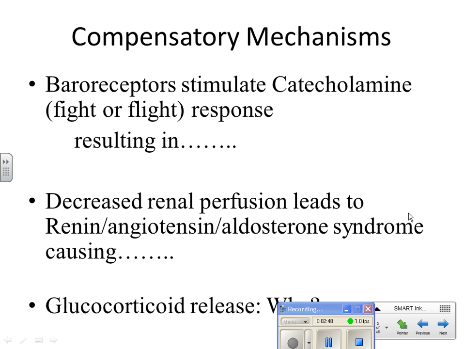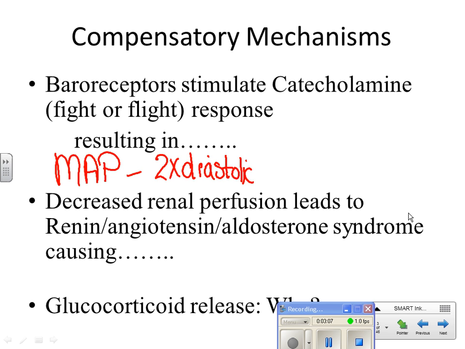Okay. Mean arterial pressure, and I'm not going to ask you to calculate that on an exam, you hear that very carefully on my recording, is 2 times the diastolic plus the systolic, divided by 3.